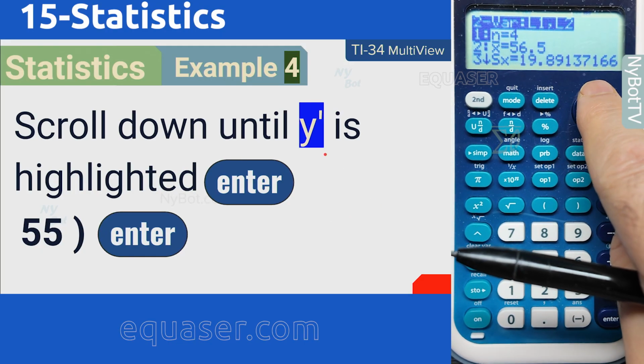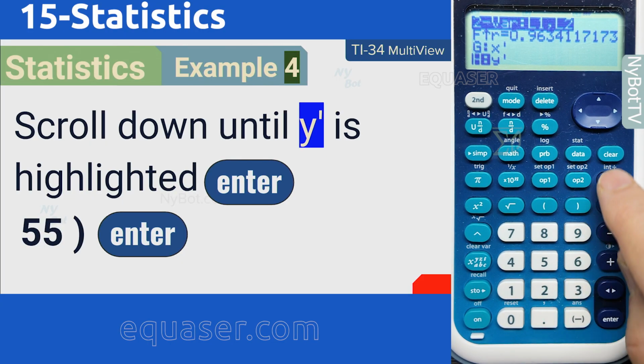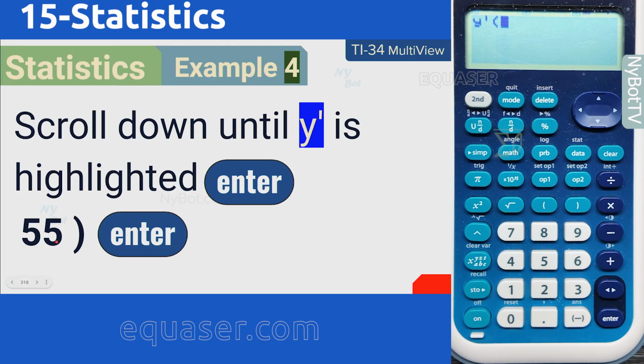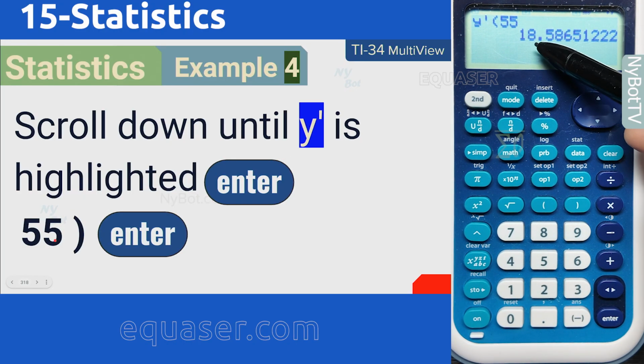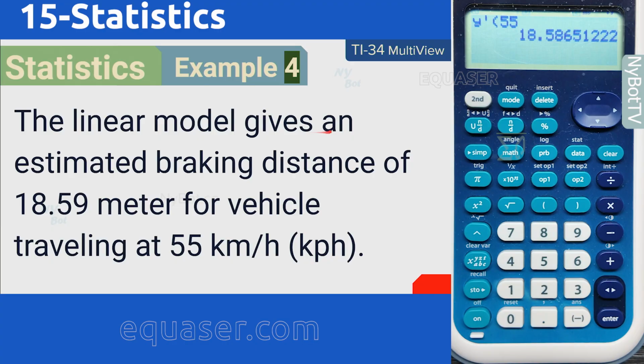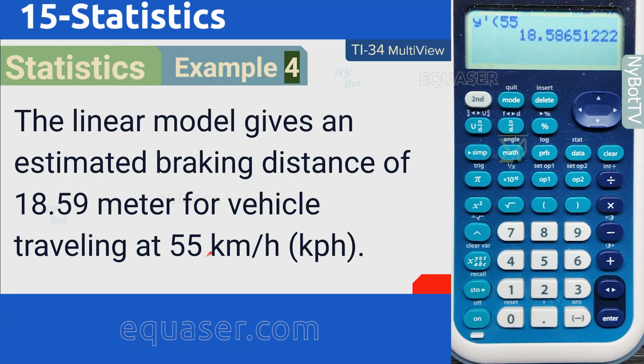Y is at the bottom, I'm going up, so that is y prime, and we want to evaluate it at 55. Enter. Here is the answer. At 55 km per hour, the linear model gives us an estimated braking distance of 18.59 meters for a vehicle traveling at 55 km per hour.